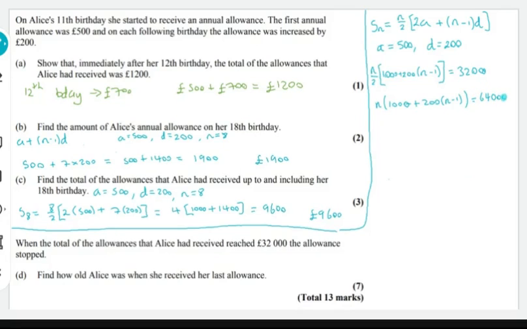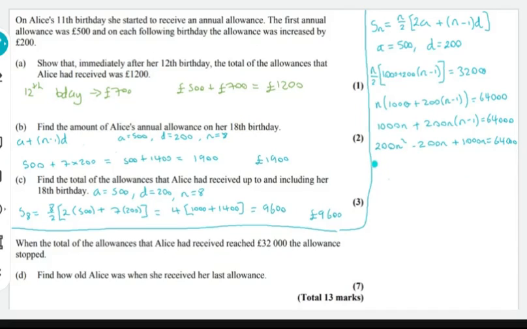Expand this, I get 1,000 n plus 200 n minus 1 equals 64,000. I didn't think about expanding that side. Yep, so I've got 200 n squared minus 200 n plus 1,000 n equals 64,000.